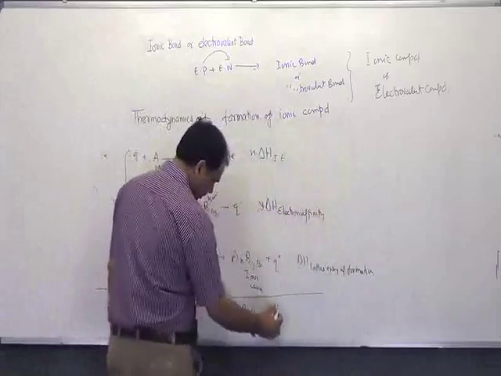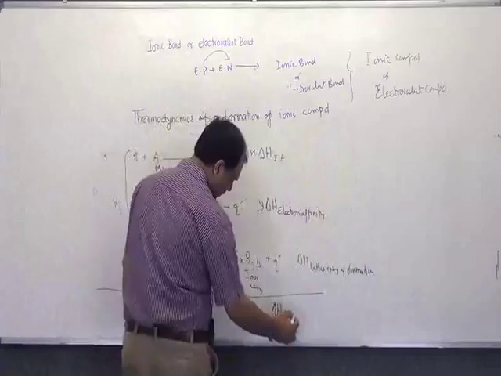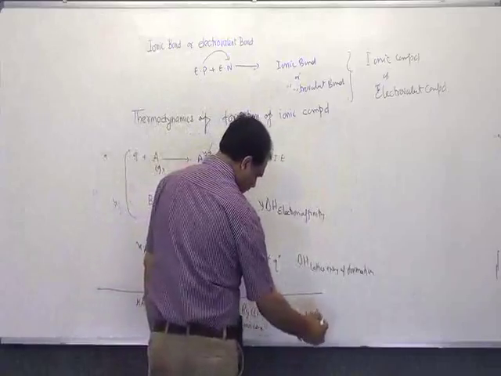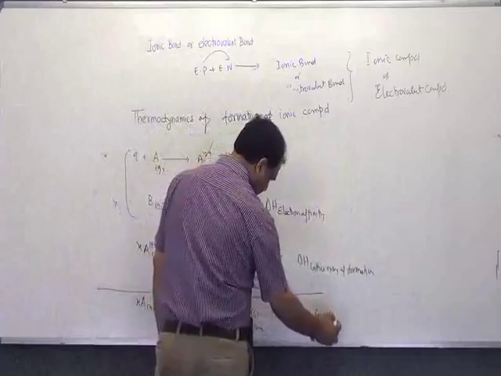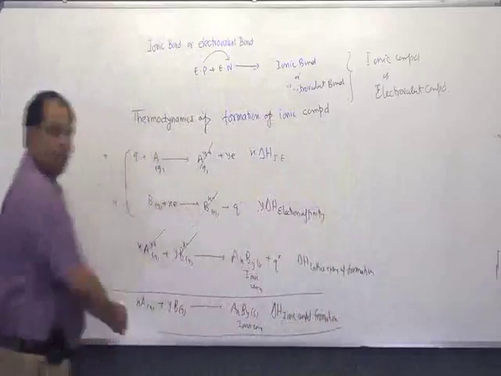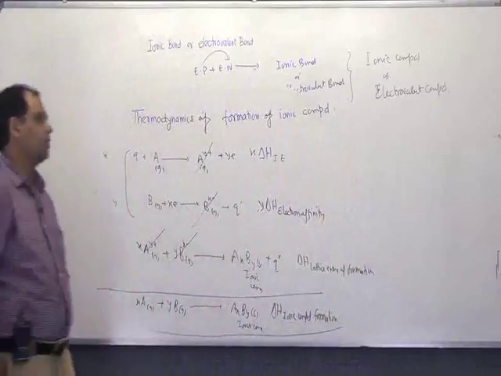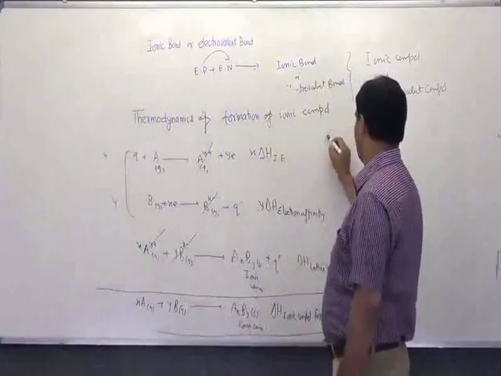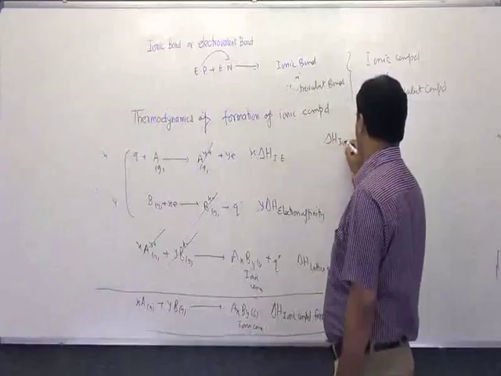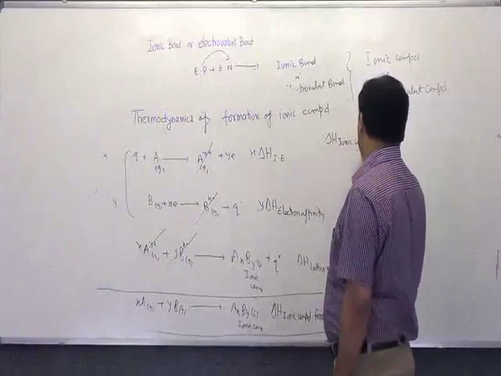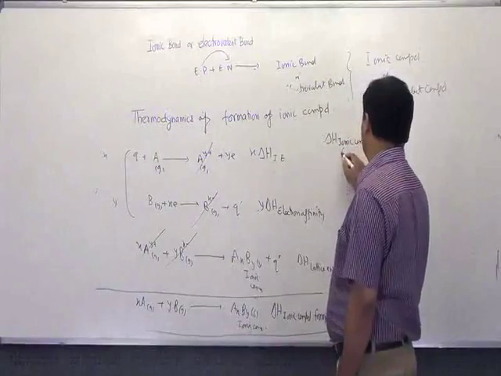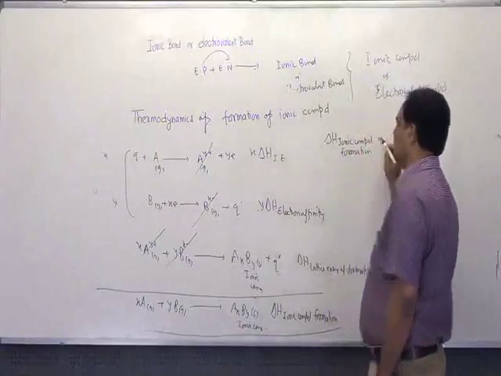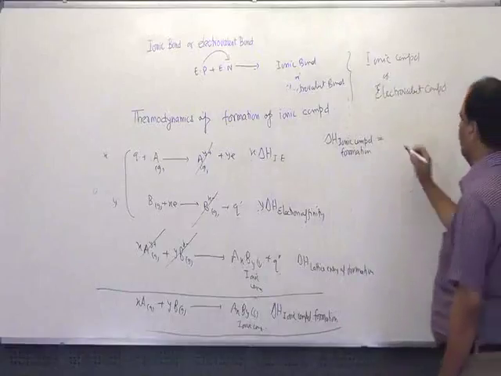Delta H of this reaction, delta H of ionic compound formation. Heats are additive, so we can write delta H of ionic compound formation is equal to what we have?